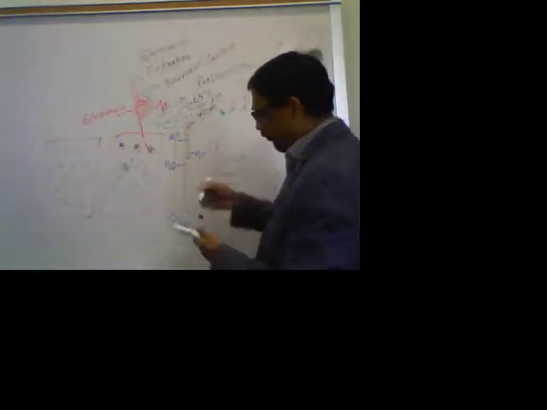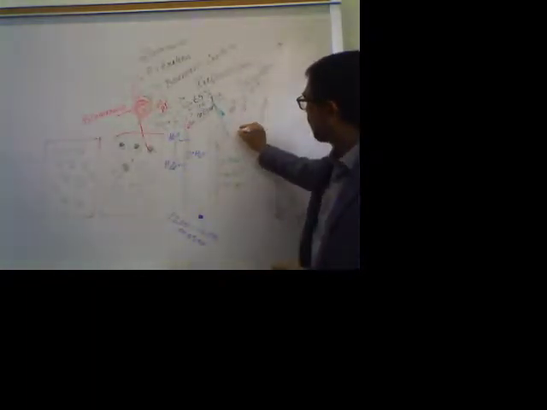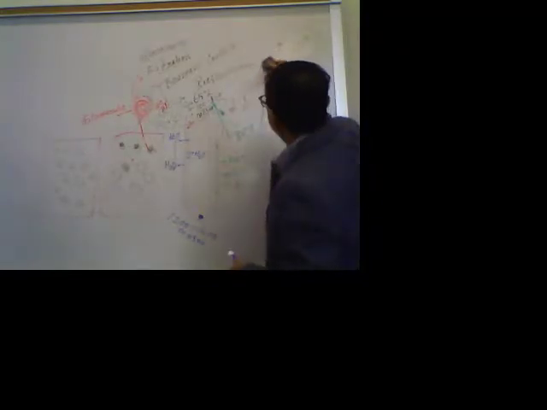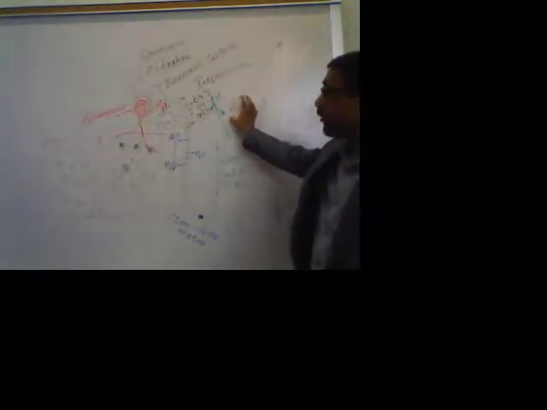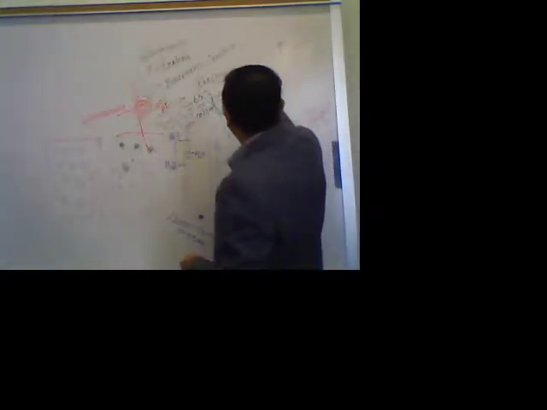Okay, now the part here, this is the distal convoluted tubule. Distal convoluted tubule. And this part is interesting. Why? Because a hormone works on this part, a very important hormone, that is called aldosterone.